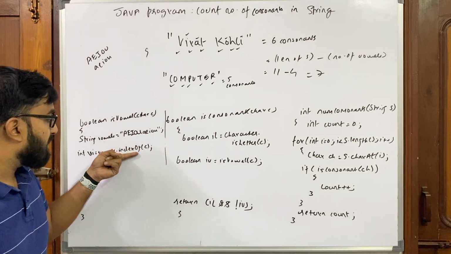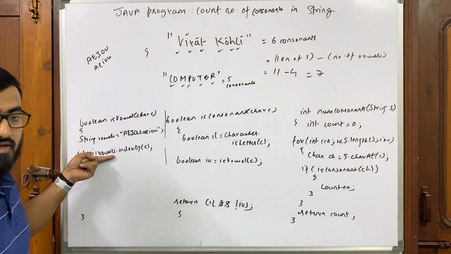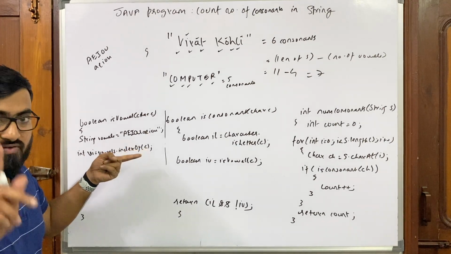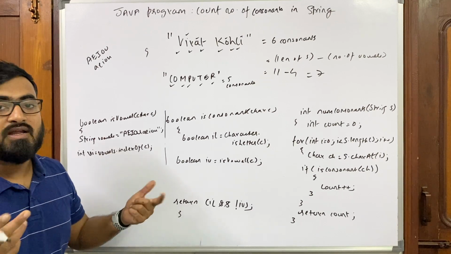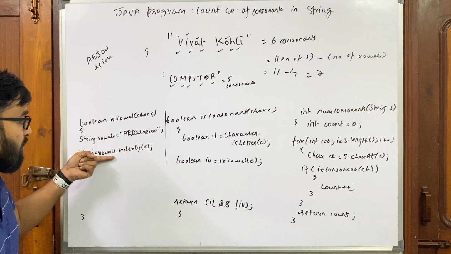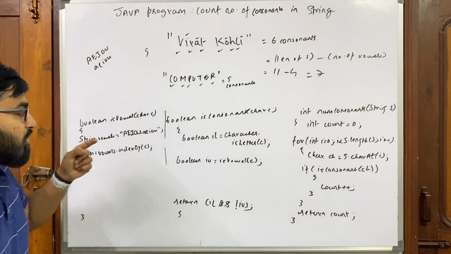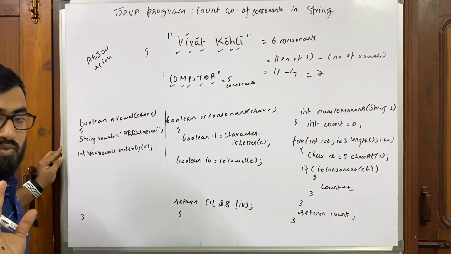indexOf is a method in String which takes a character and checks if this character C is within this string or not. If C is found in this string, it returns the first index where C is found, otherwise it returns -1 because -1 is an invalid index. So if C is found in the string vowels, it means C is a vowel because this string is exclusively all the possible vowels.